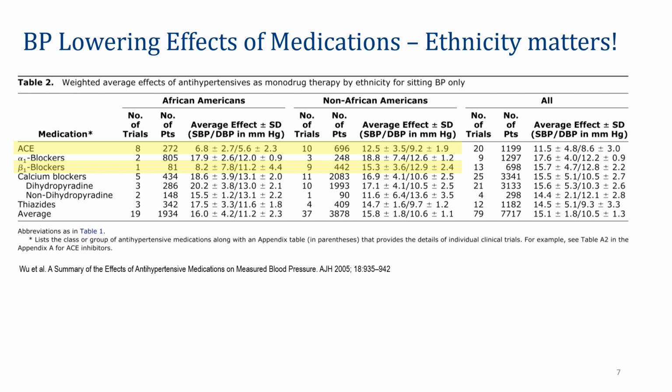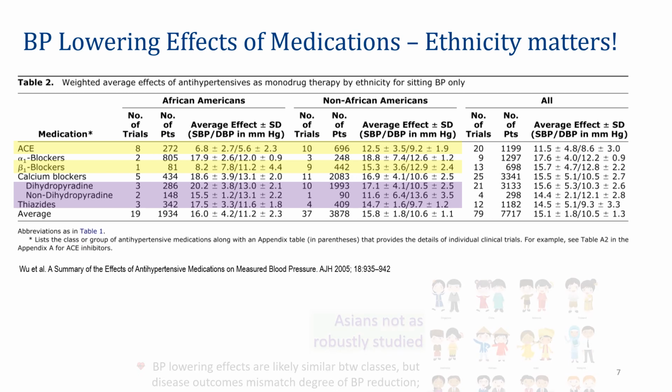This has been postulated to be due to differences in renin levels or renin sensitivity between the two ethnic groups. Looking at the calcium channel blockers and the thiazides, it appears that the African Americans seem to respond a little bit better than the non-African Americans. In fact, the non-dihydropyridines seem to be a bit more effective in African Americans than non-African Americans.